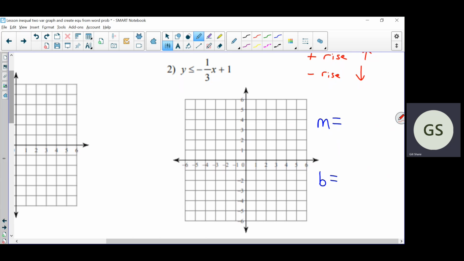If the y is by itself, then you can move into slope and y-intercept. I kind of already gave you a hint that this was slope and y-intercept by doing that, though. So yes, y is all by itself, right there. If y is all by itself, then we are in slope-intercept form, and we need to pull out the slope and the y-intercept. So you can go ahead and do that real quick if you want.